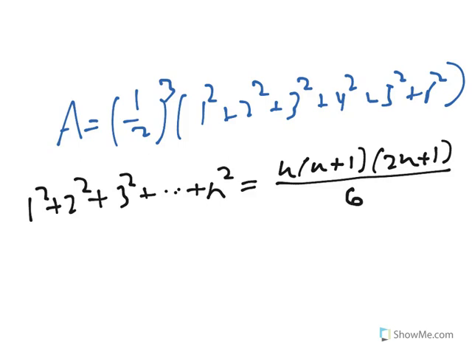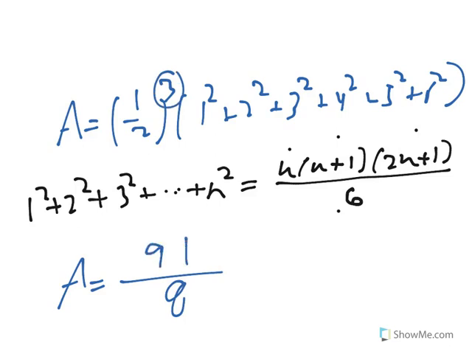Now if you plug 6 into this formula, you end up with 6, which would cancel out with this 6, and 7 times 13 is 91. So for this thing, we get 91, this 1/2 to the third would be 8, so 91 over 8, which is a little bigger than 11.